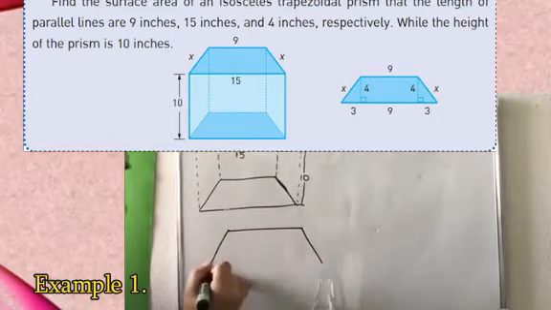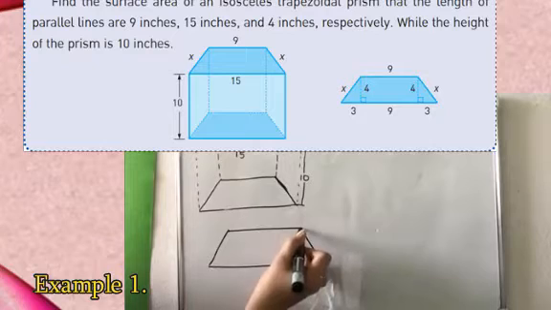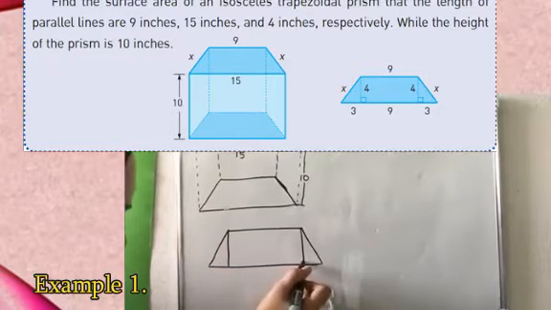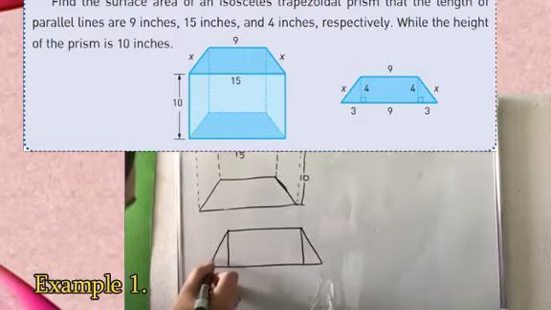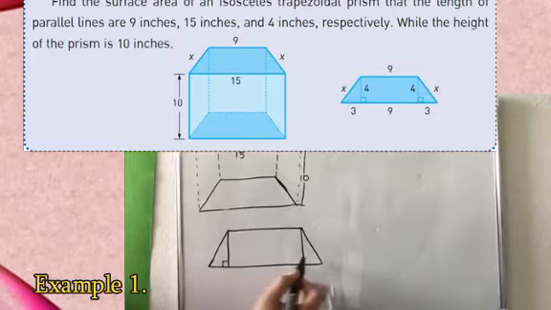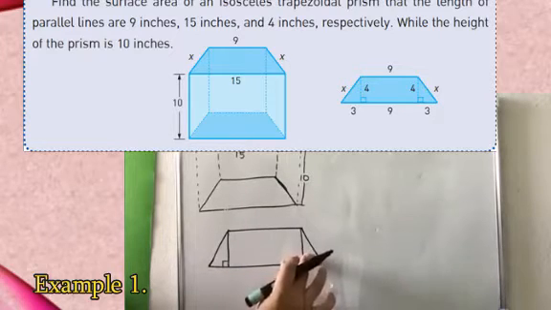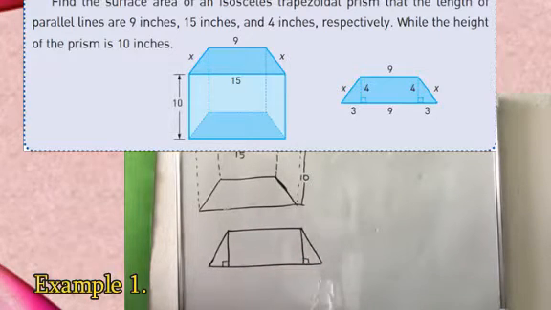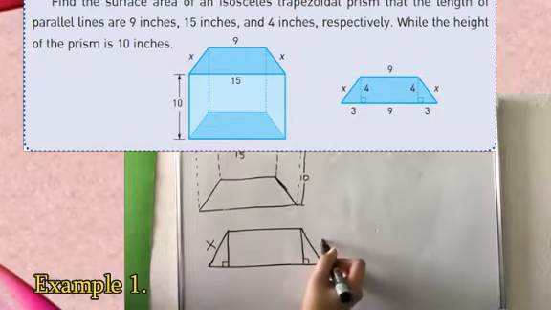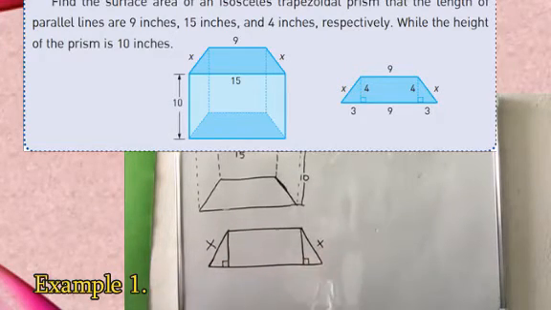This is a trapezoid, which is a rectangle and a right triangle on each side. So we are going to look for the x here and on the other side as well.